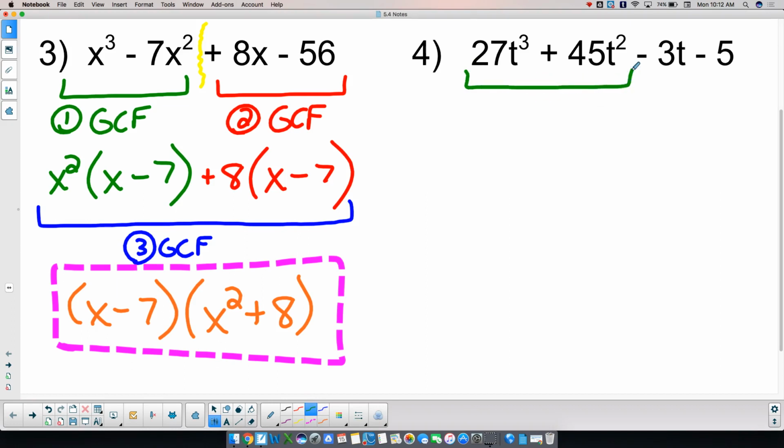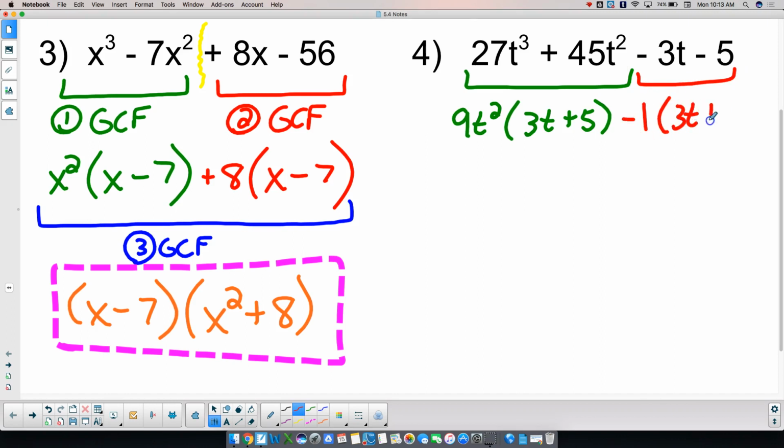So I start by GCFing the left side. I can pull out a 9t squared. Leaves me with 3t plus 5. So I want my parentheses to be 3t plus 5. So I'm looking at the right side then. Well, if I yank out a -1, then that leaves me with 3t plus 5. Which is good, because then I can pull out a 3t plus 5.